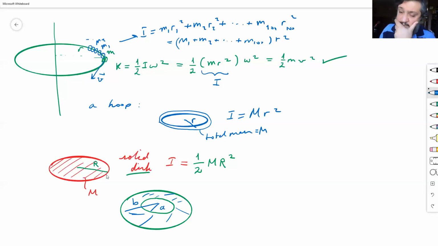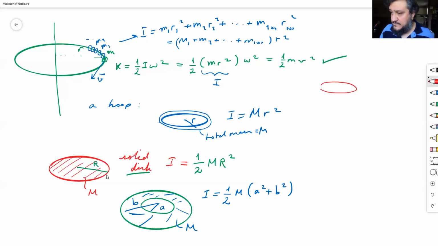But it's flat. It's a disk with a hole in it. Now, the moment of inertia, if the total mass is M, again, just take it as a formula. I'm going to show you how to derive this in a separate video. It is this.